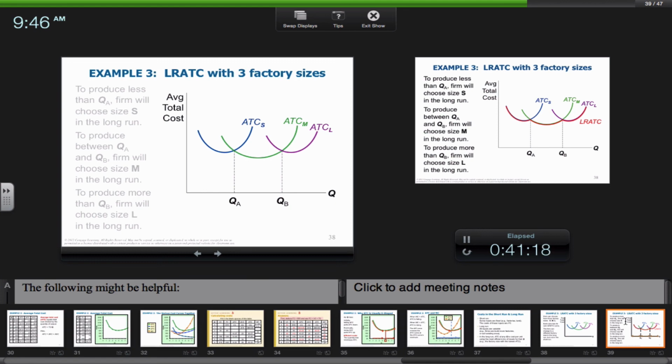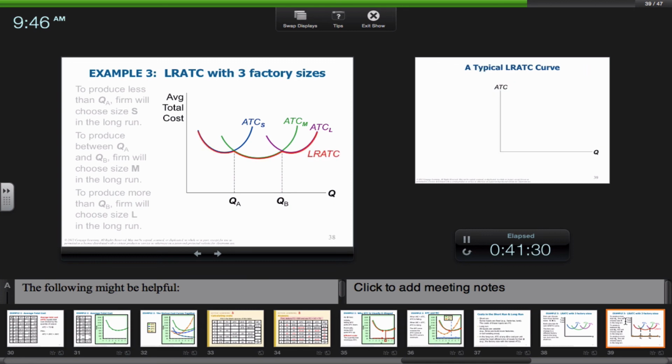Can I show you one more thing, though? It's a curve that's not a curve. The long run average total cost. Got it?